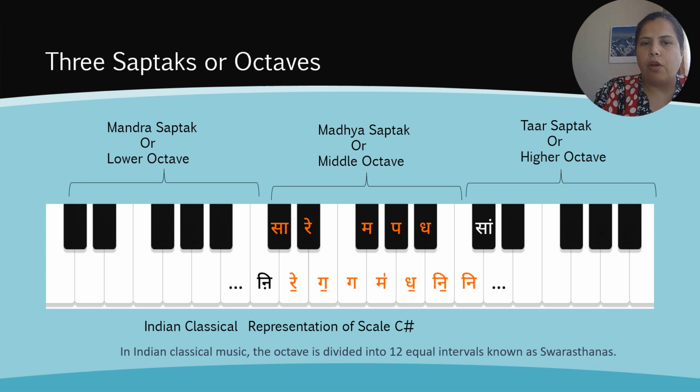And this set from sa, re, komal re, komal ga, ga, ma, tivra ma, pa, dha, komal dha, ni, komal ni, and sa, which is the 12 swars. Actually, sa will start with the higher octave here, but at least these will form the middle octave or the madhya saptak.